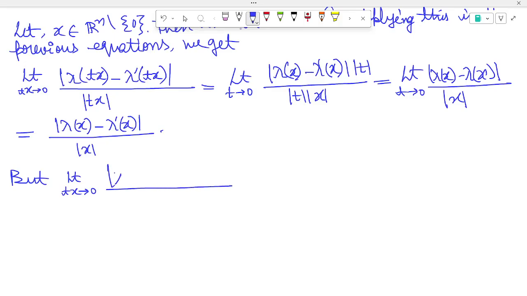That means lambda of tx minus lambda dash of tx divided by tx equals 0.